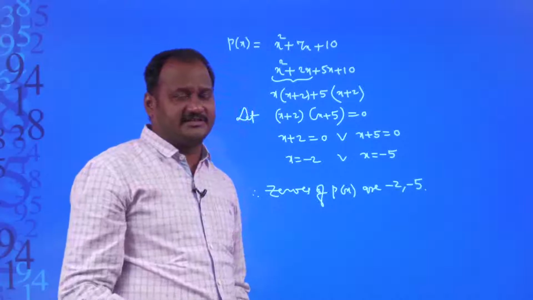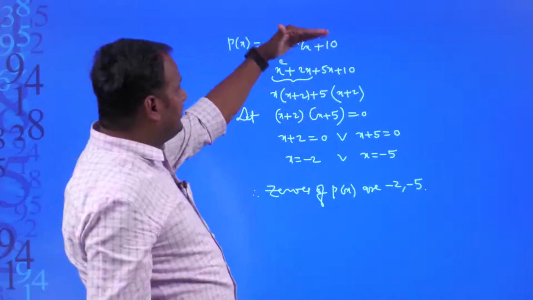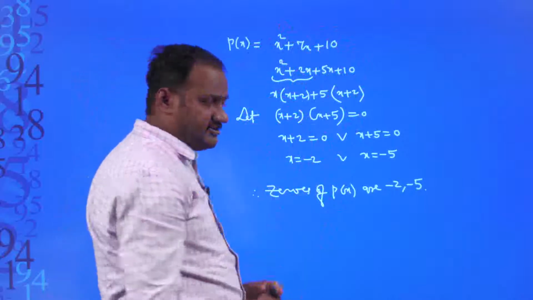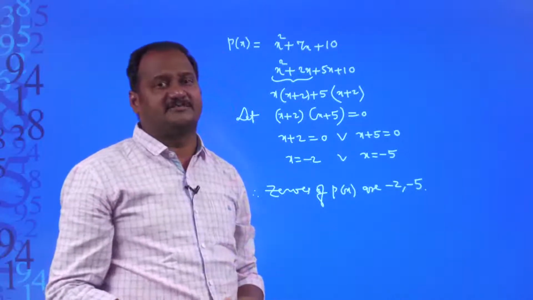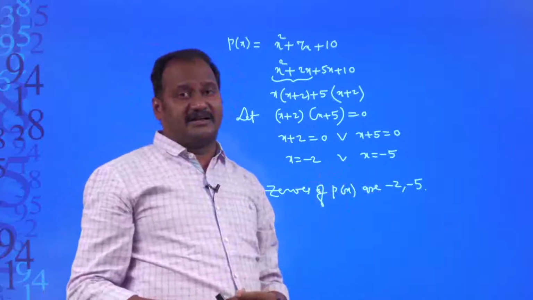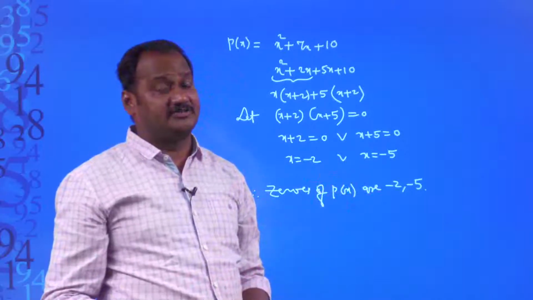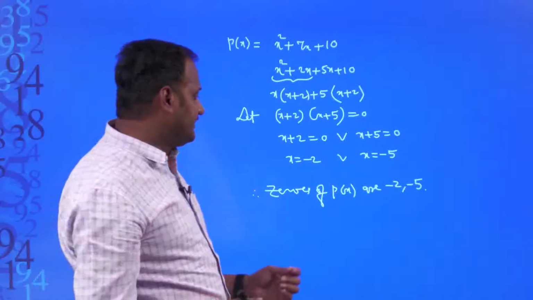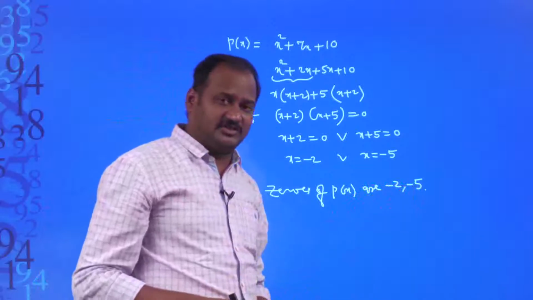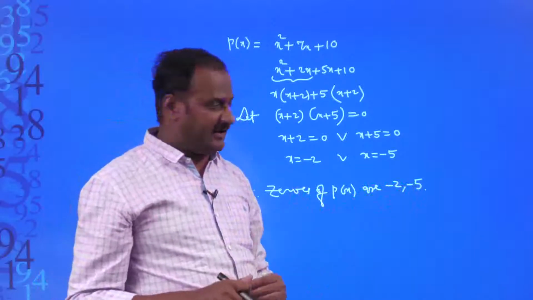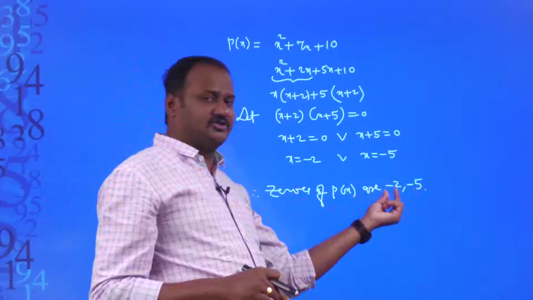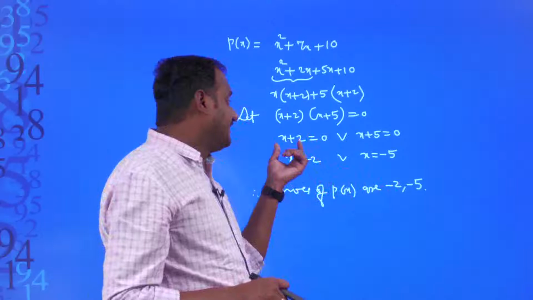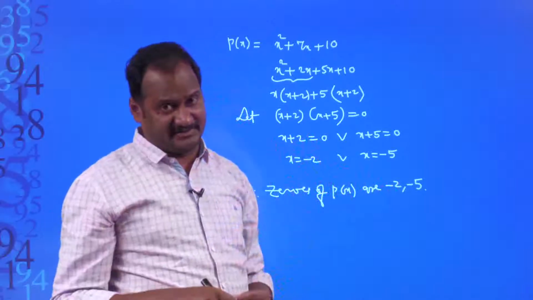Now, my question is, when a polynomial, either second degree or third degree, is given, we know how to find its zeros. But now the concept is, when the zeros of the polynomial are given, how do we figure out that polynomial? See here, minus 2 and minus 5 are zeros of the polynomial. It was given. So, if minus 2 is a zero, then x plus 2 is said to be a factor of the polynomial.